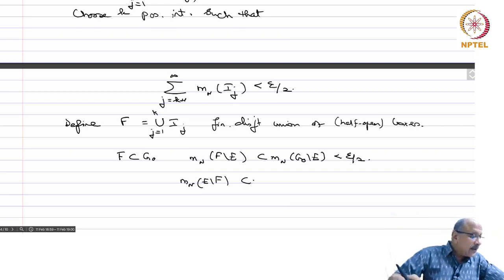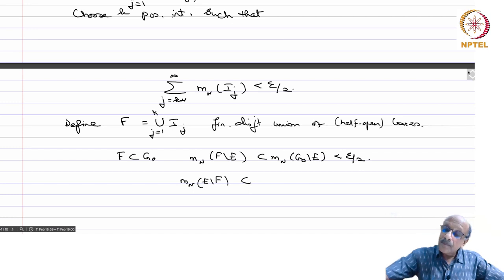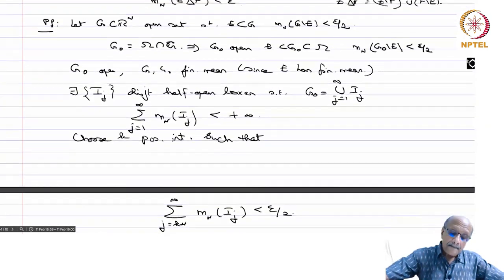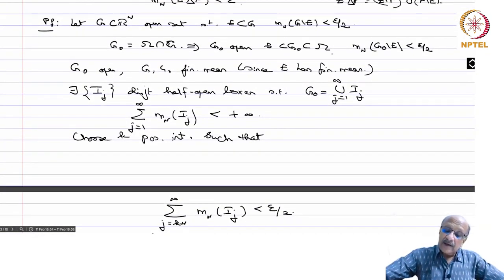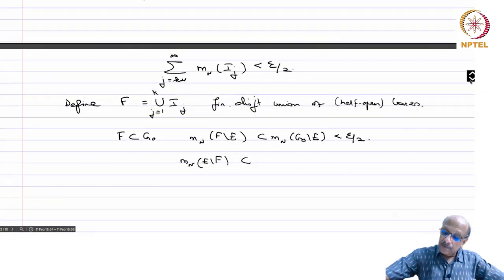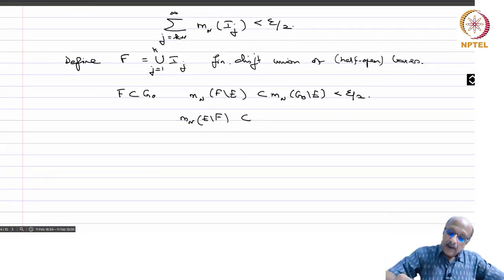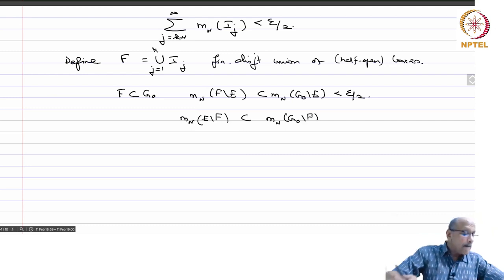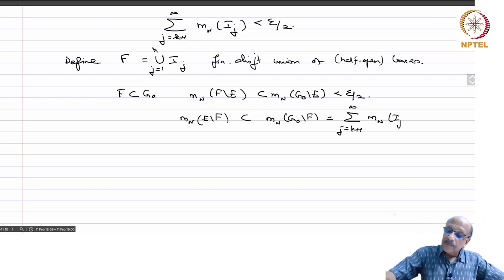E is contained in G0, and therefore Mn of E minus F is at most Mn of G0 minus F, and that is equal to, in fact, sigma j equal to K plus 1 to infinity Mn of Ij, and that is less than epsilon by 2.